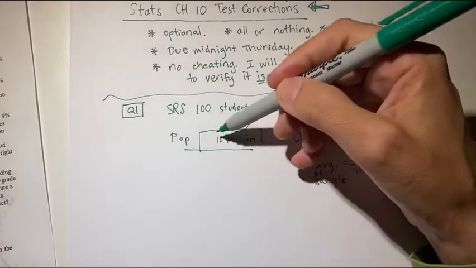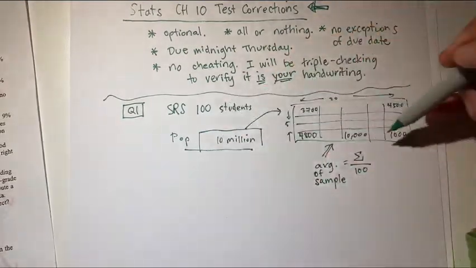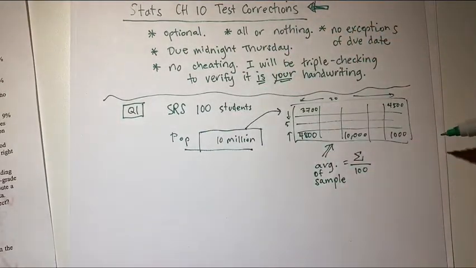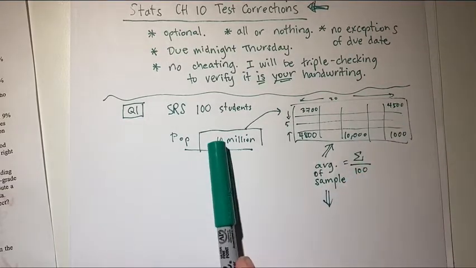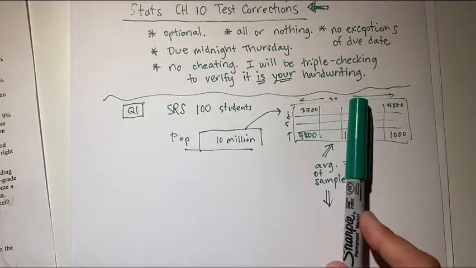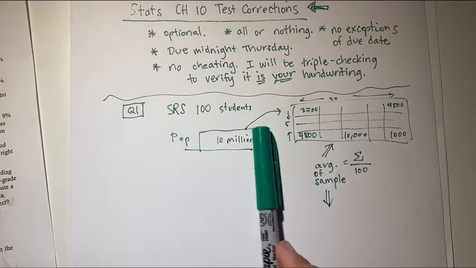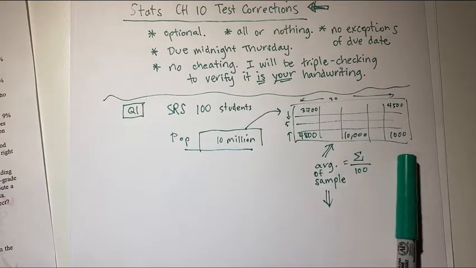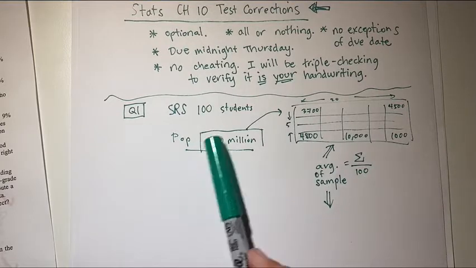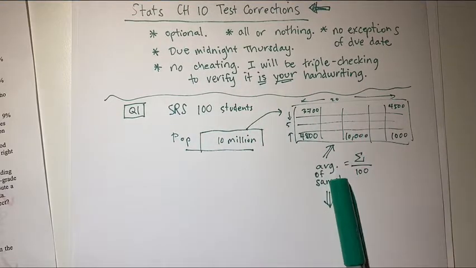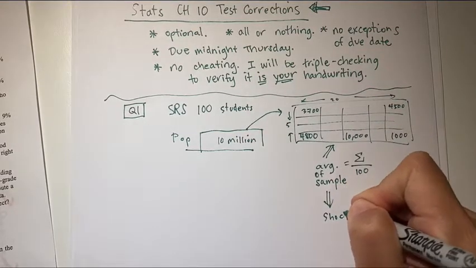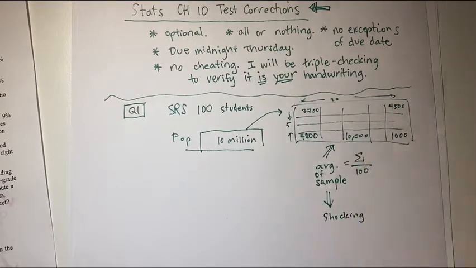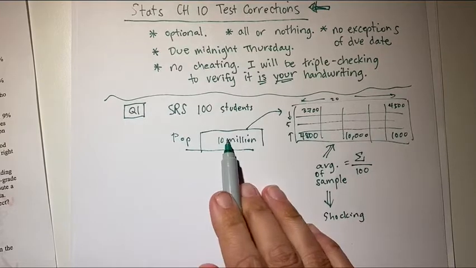So each time I select this set of 100, all the numbers are going to be jumbled. And so if I do this many, many, many times, if I take a sample of 100 from this population and then populate a table, and then take the average, and then I do it again, and then I do it again, notice it would be shocking if all of these were the same, because they're actually very random.